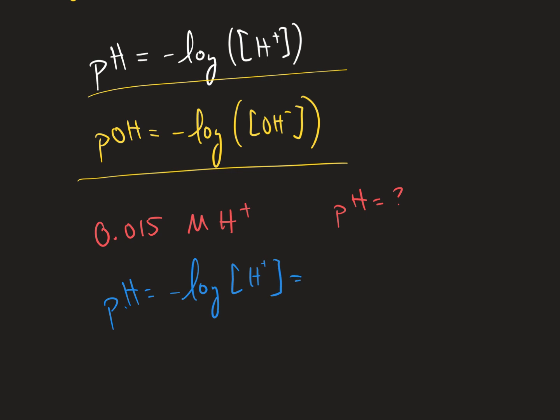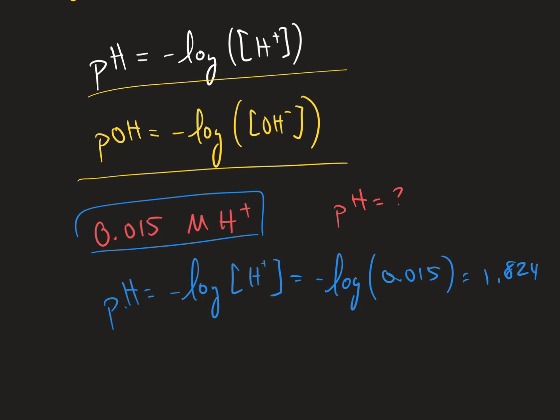So that's equal to negative log. Hydrogen ion concentration is 0.015. So plug that in your calculator, and we should get 1.824. Make sure you can get that in your calculator.